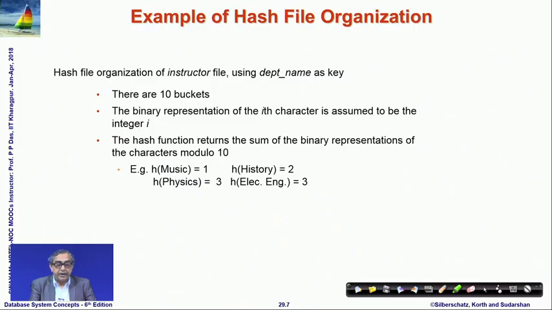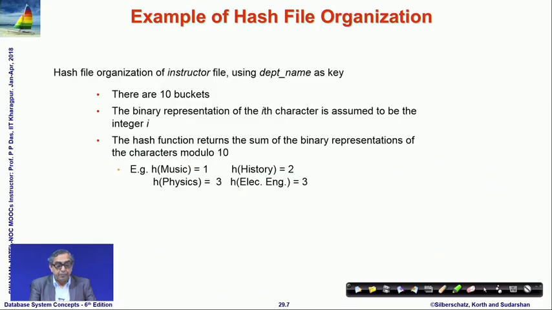We take the binary representation of the ith character and assume it to be the integer i. Simply, every character you take its binary representation and think of it as an integer, and then as a hash function we add these integer values of binary representations modulo 10.